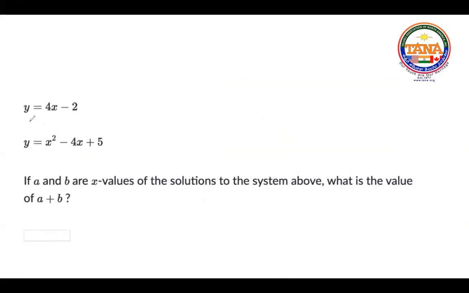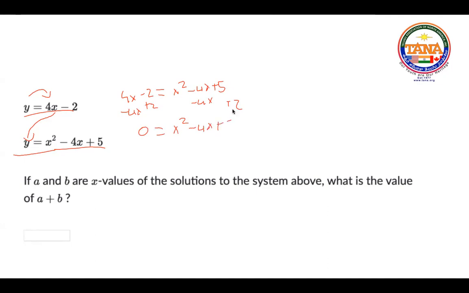So you're given y equals 4x minus 2, and y equals x squared minus 4x plus 5. In the first problem, we had to isolate for y. In this one, we don't, which makes it faster. Since y is equal to this, you can replace this bottom y with 4x minus 2. So you have 4x minus 2 equals x squared minus 4x plus 5. Now you combine like terms. You subtract 4x, add 2, so you get 0 equals x squared minus 4x plus 7.